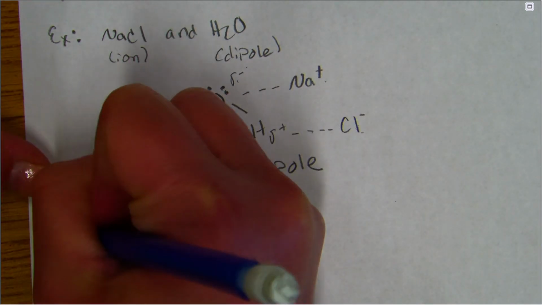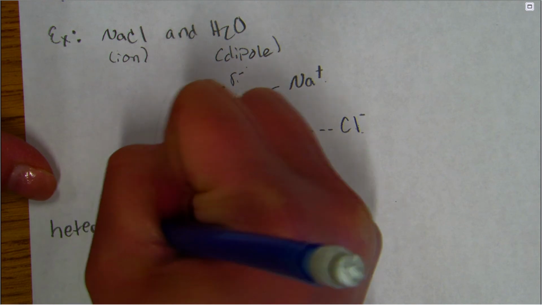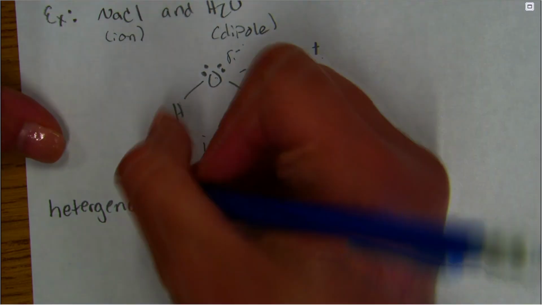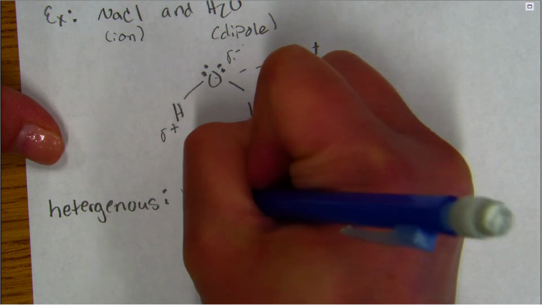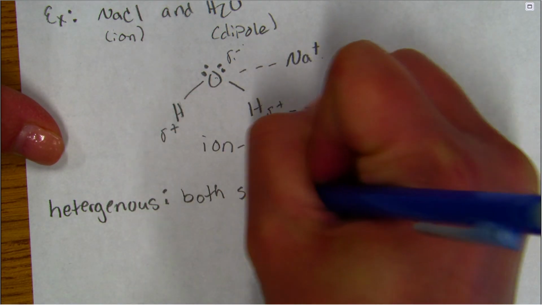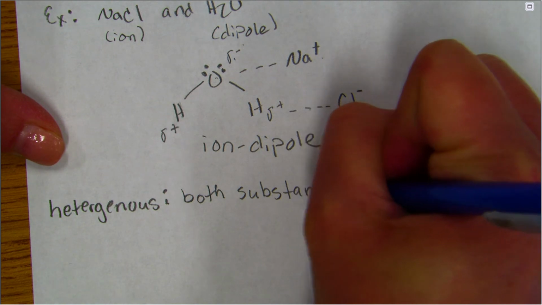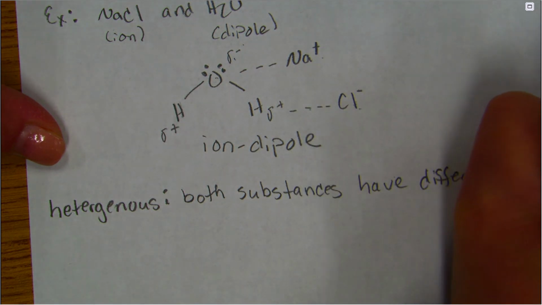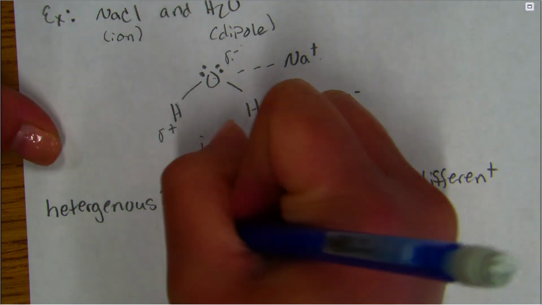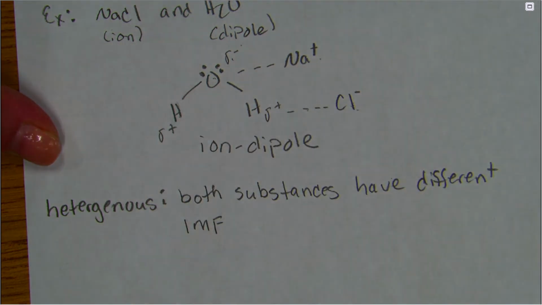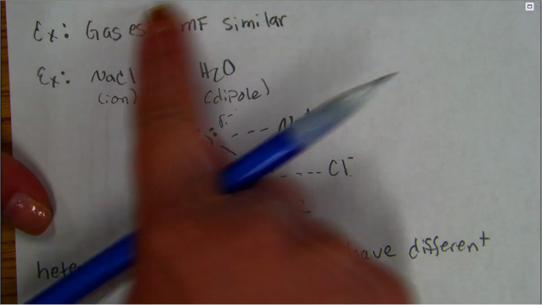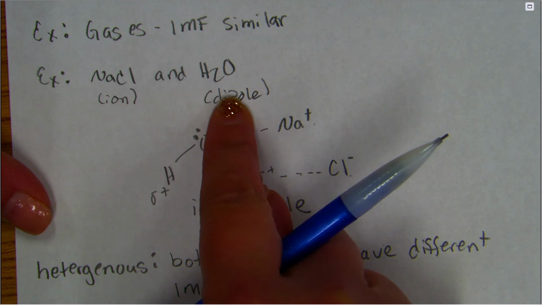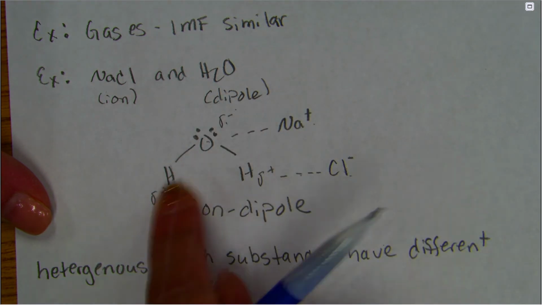A heterogeneous mixture is going to be formed when both substances have different intermolecular forces. All right. Now, these are very different intermolecular forces. So above in our homogeneous, an ion and the dipole, these are technically different, but they create that ion dipole.